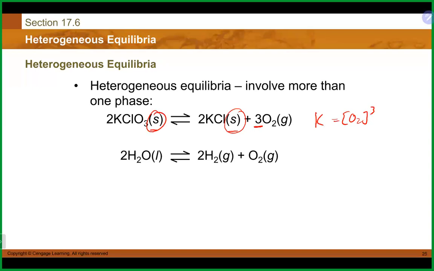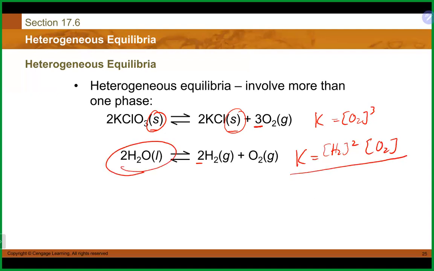Everything else there is a solid, so it would not be included in this equilibrium. And on the bottom one there, our K would be the concentration of H2 squared times the concentration of O2. And in this case, that is a liquid, so that would not be included either. And this would be what our equilibrium expressions here would look like.